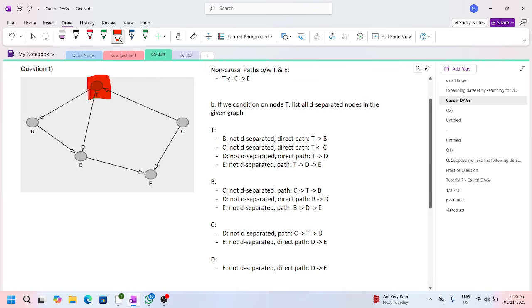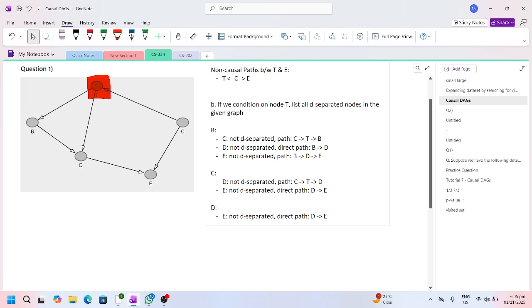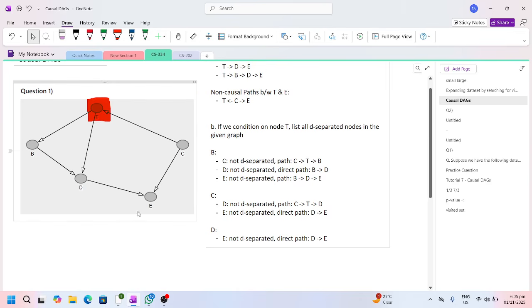T conditioning means that you have fixed the value of T, which means that against T I can no longer check any node. I will check against B, C, D, and E. And I will not check any of these against T either, since we have already blocked T. So let's try that out.